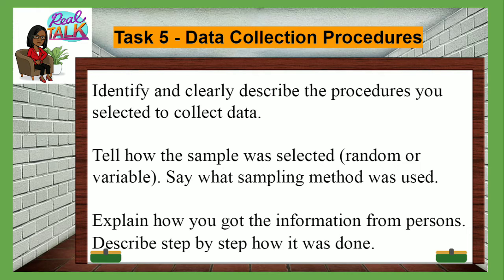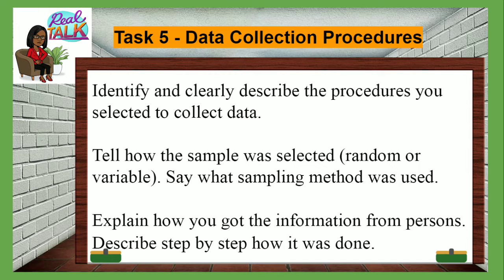Task 5 also requires that you identify and clearly describe the procedures you selected to collect your data. Tell how the sample was selected. That is, say what sampling method was used. Did you randomly select your sample, or did you use a variable to determine who got selected and who didn't?